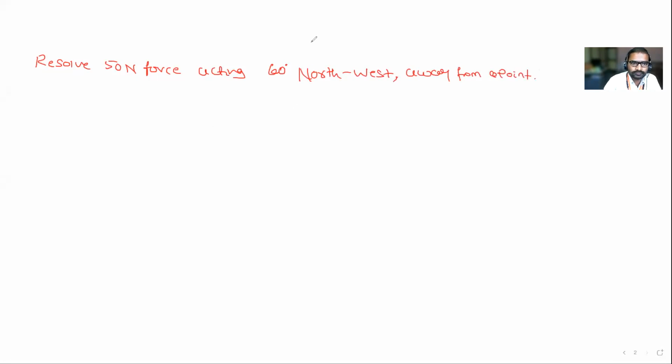First what we have to draw, we have to draw the quadrants. Now tell me what is to be written: this is north, this is east, this is west, this is south. Northwest means which quadrant?